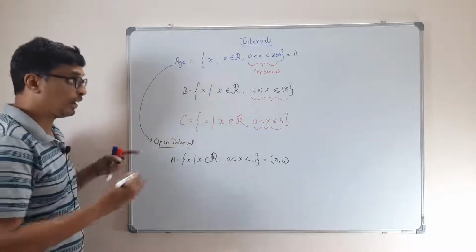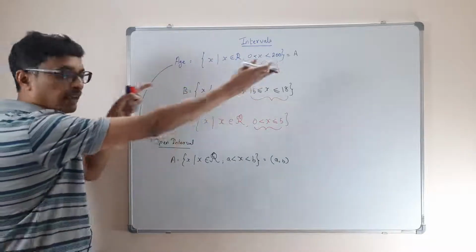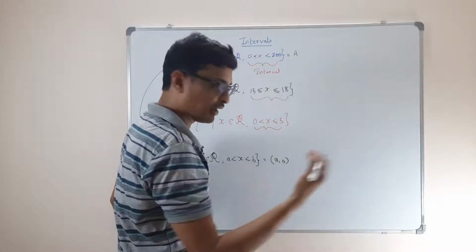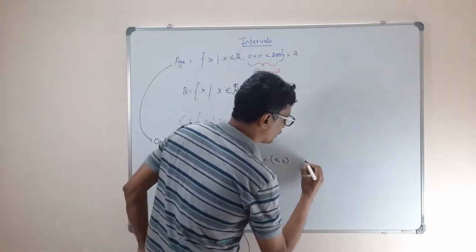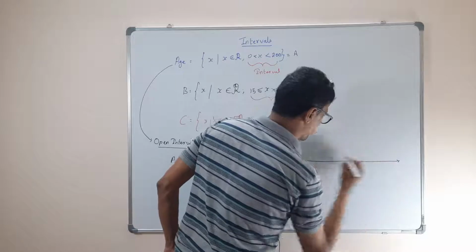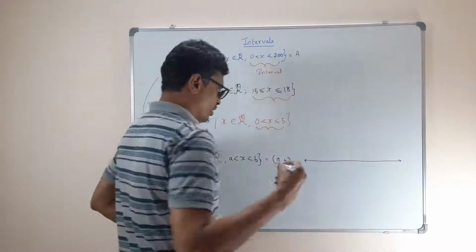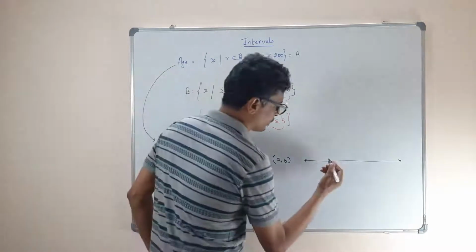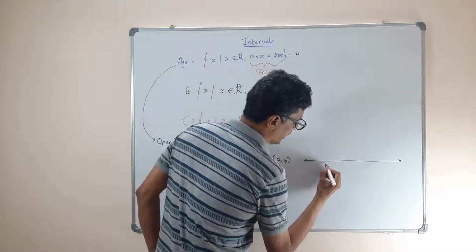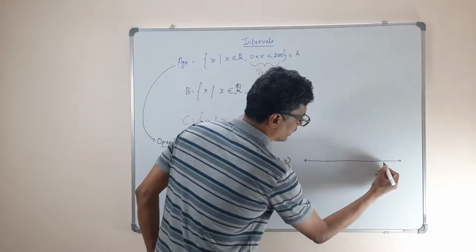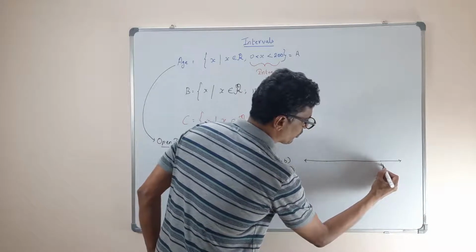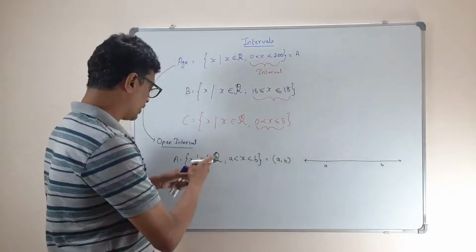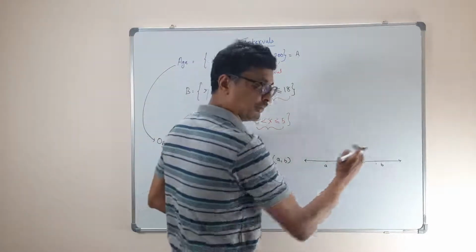You can represent all these things in a number line. Am I right? These are numbers. You can have a number line and you can represent everything in a number line. We have done it earlier, number lines, right? So in the number line, how are we going to represent this open interval? Say for example, this is A and this is B, and your X includes all the values in between.